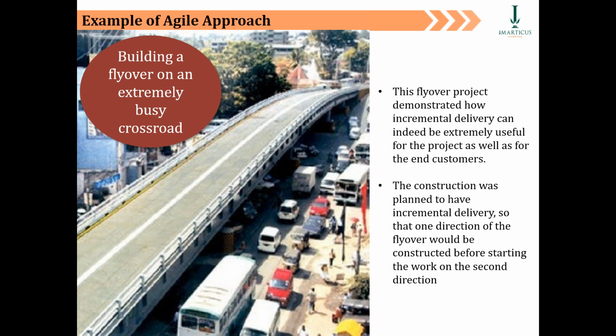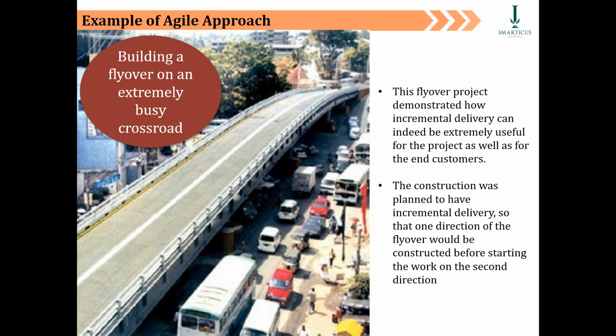So agile is also called incremental delivery, where we start delivering the project in small increments. In a waterfall methodology, the flyover will start from one end. You will build both sides of the road, and then you will finish at the other end.